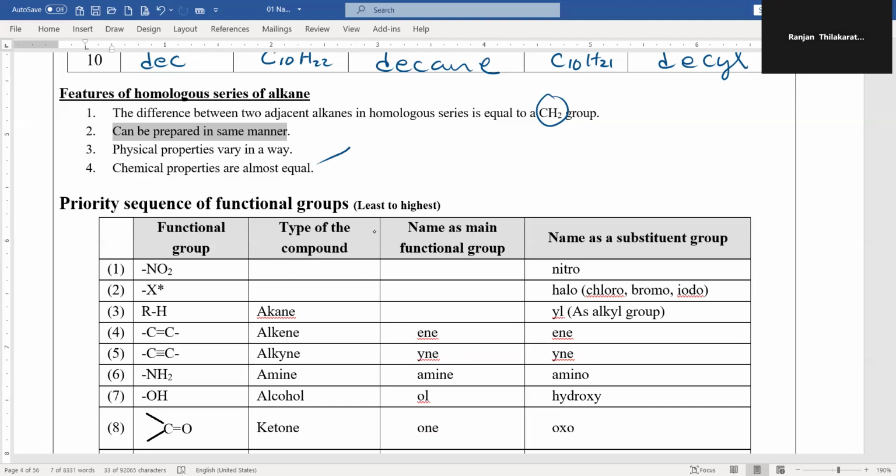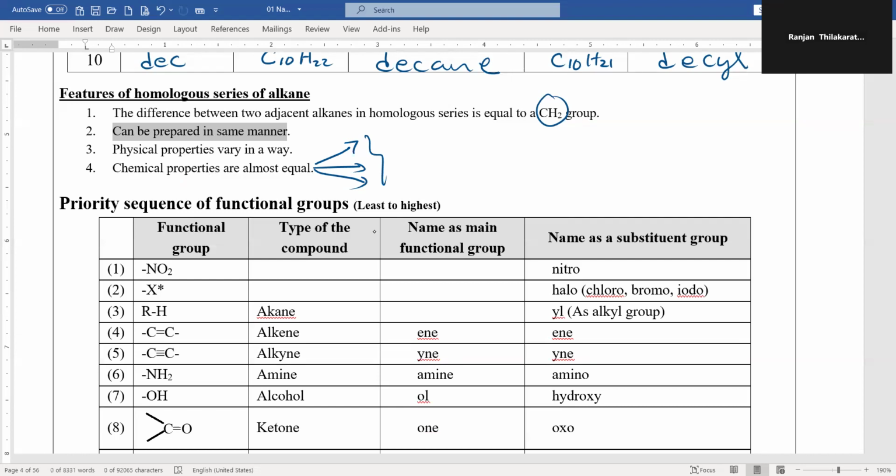At the same time, the hydrocarbons may show very simple chemical properties. All the alkanes can be burned with oxygen. That may be the main chemical property.